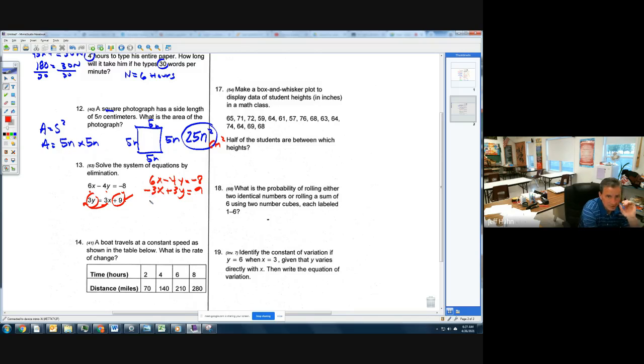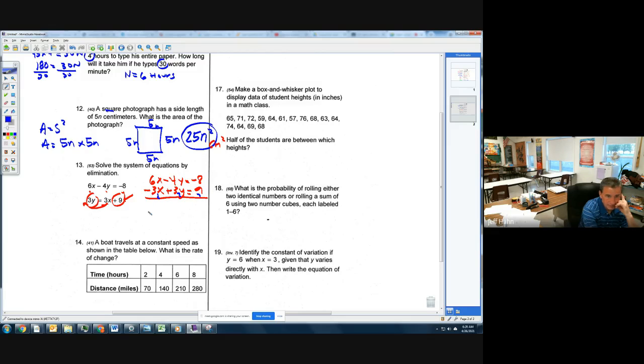In order to do elimination, they have to be lined up one on top of the other. And then here, in order to do elimination, remember you have to have the same opposite things. So the easiest one to change would be to make both of these 6, because this is already a negative, that's a positive. So I'm going to multiply everything by 2.